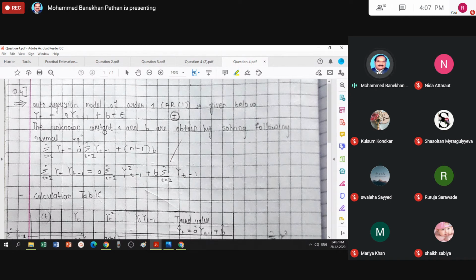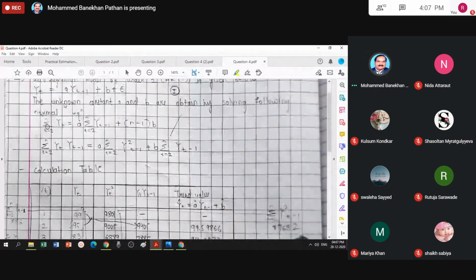The unknown constants small a and small b are obtained by solving the following normal equations. These equations are to be remembered nicely, the running variables are different. Summation of yt starts from 2 up to the end of data. A times summation t starts from 2 to n. But what is inside the summation? It is yt minus 1.